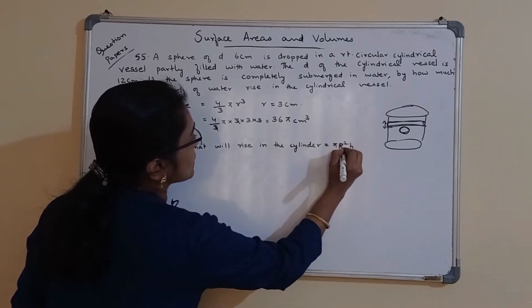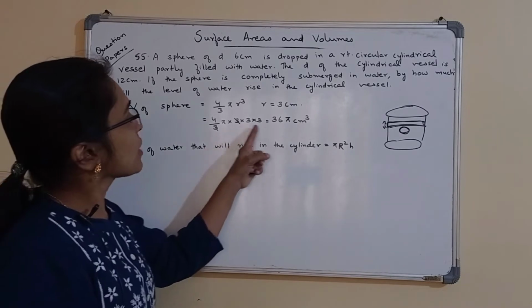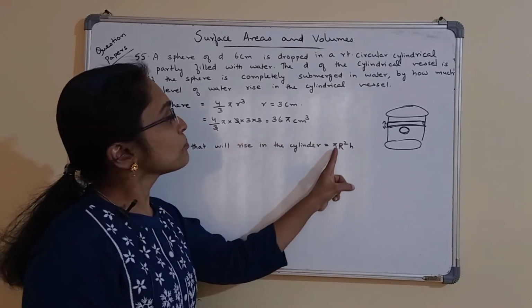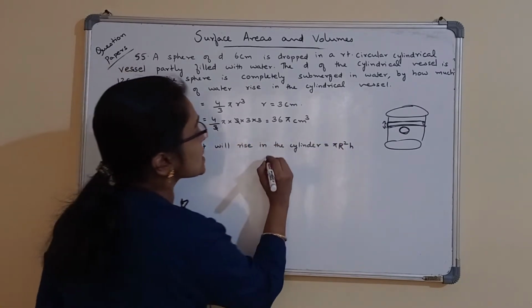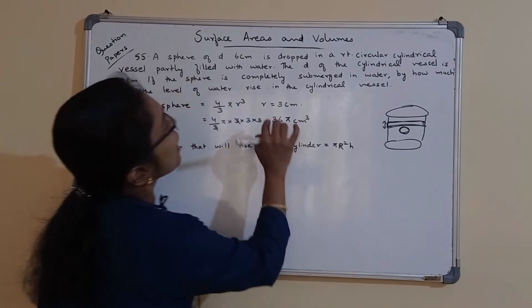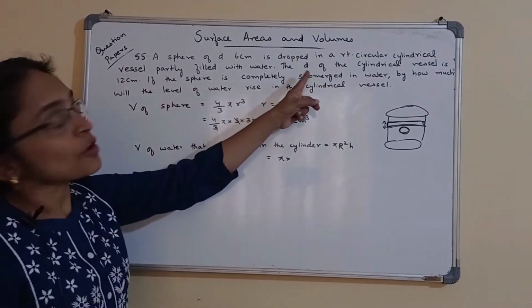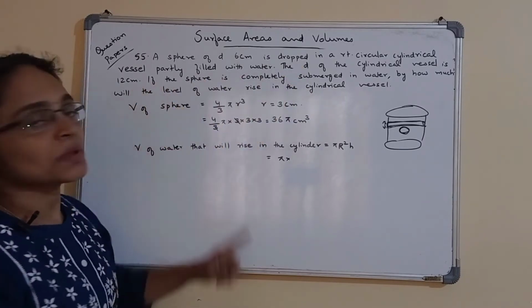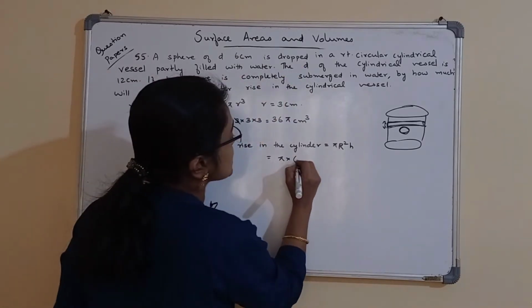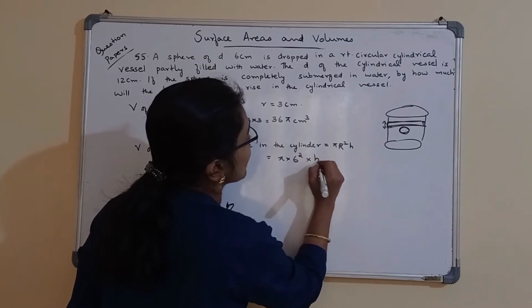We can write capital R because we have taken small r for sphere. So, pi R square h, which is equal to pi into R, diameter is given as 12 centimeter. So, capital R will be 6. So, 6 square into h.